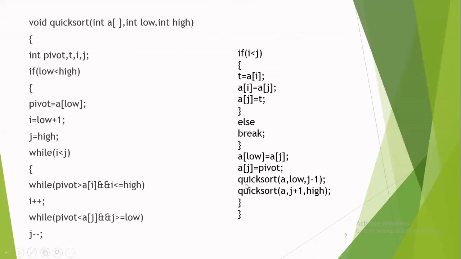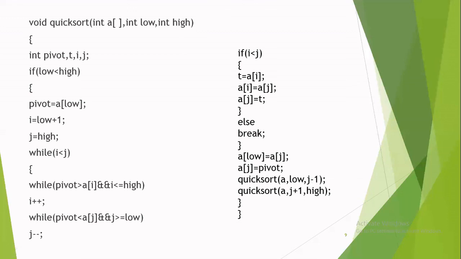Okay, so again you are going to call this quicksort technique on the left sublist as well as on the right sublist. So we are passing the two separate lists again into this quicksort technique. The left sublist will be having the index value low to j minus 1, and the right sublist will be having the index value that is j plus 1 to high. So this completes the function for quicksort.